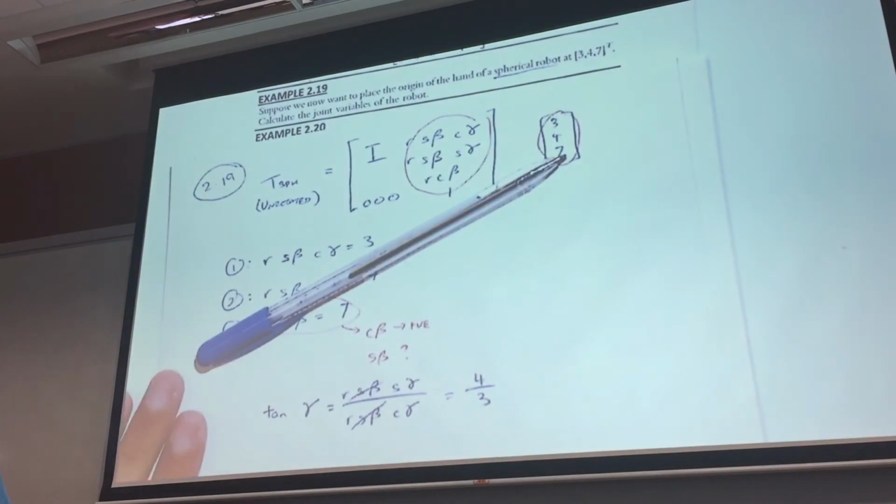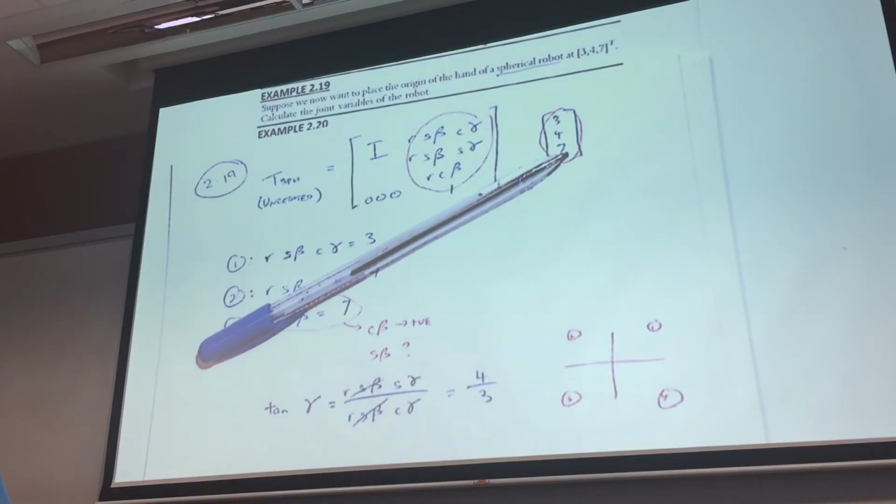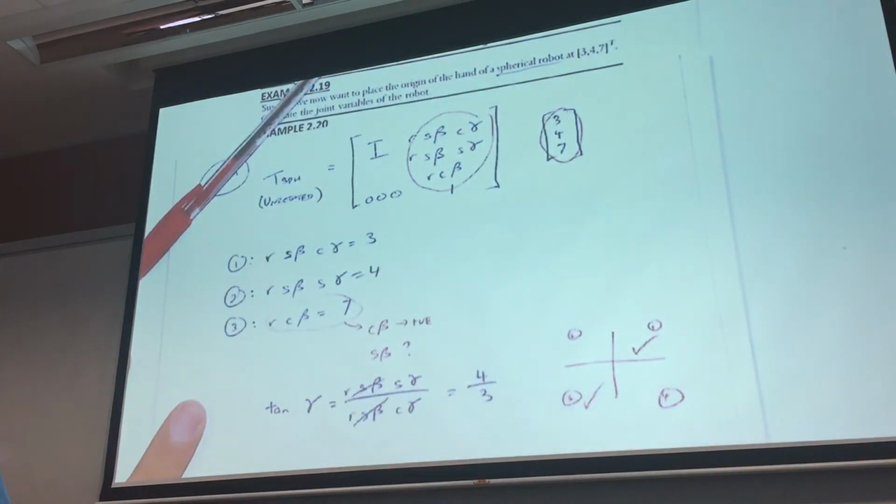If I look at my tangent gamma, it's a positive value, right? Correct? If it is positive, where should this lie? 1 and 3. So whatever value you get, this is one value that you should look at. The other value is from here to here.